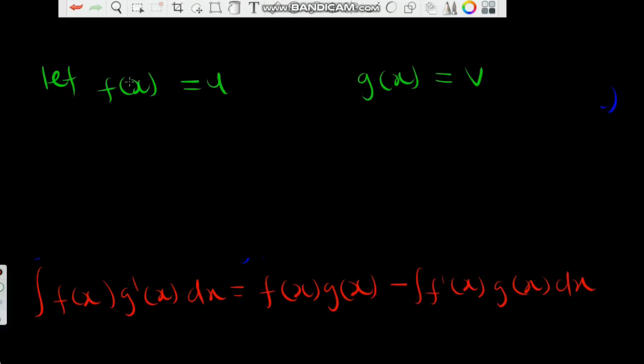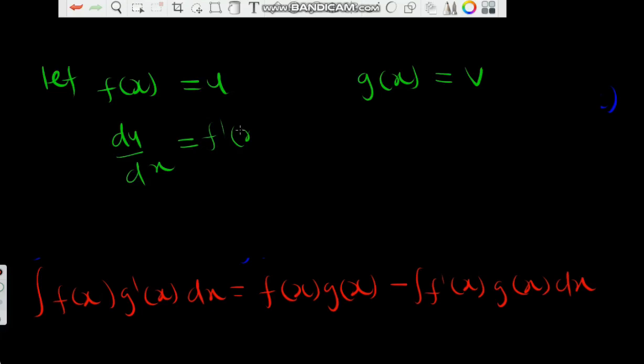So when I find f prime of x, which will be df of x over dx, let me write this as du over dx. This should be equal to what?